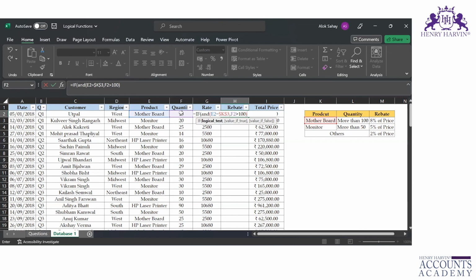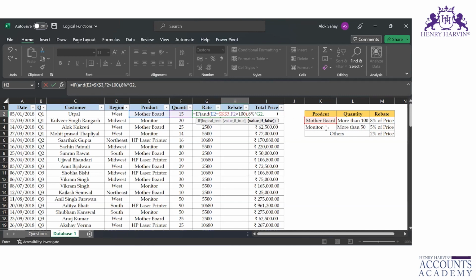Now, if both the logics are satisfied, what should be the answer? The answer should be 8% of the rate, correct? Rather than selecting rate, I have selected G2, because in the G column only there is the rate, correct? Now comma, again coming to this function.